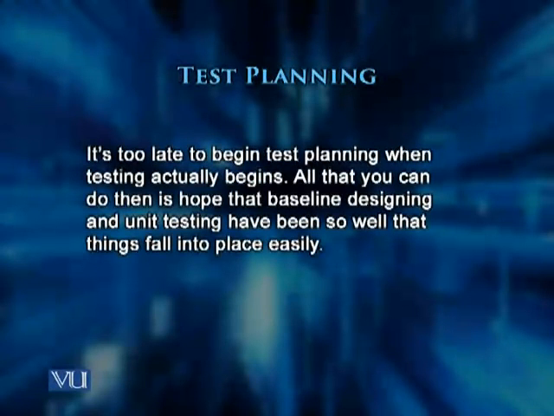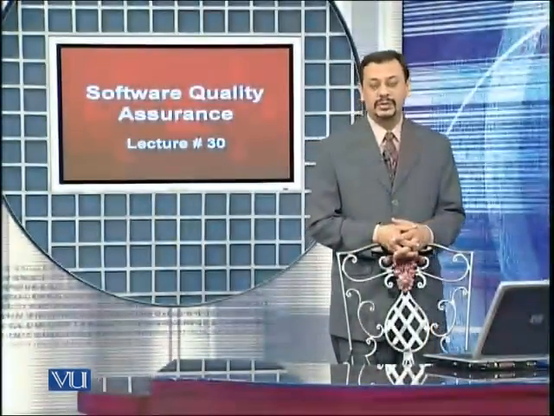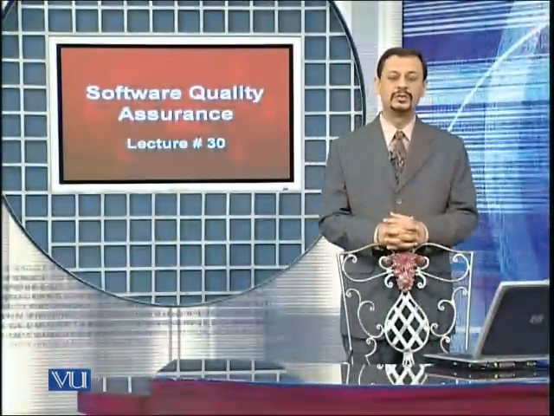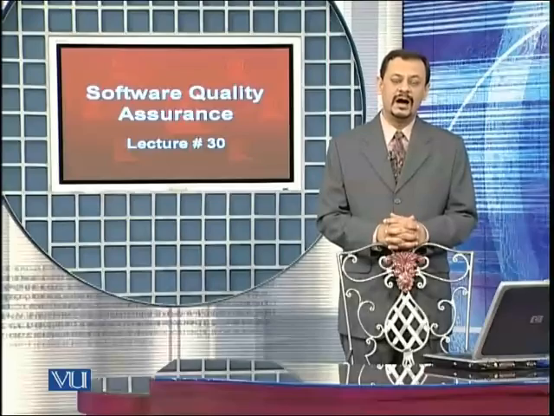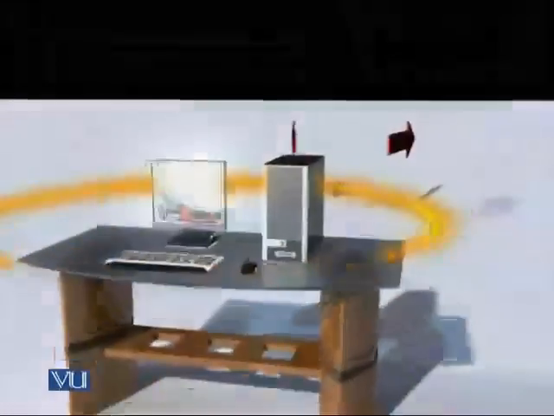And it is too late to do planning when the testing activity actually begins. All you can do at that time is hope that baseline designing and unit testing have been done so well that everything falls into place easily. But the fact is that if you or your organization or your team is in that situation, things will hardly fall into place in those projects.